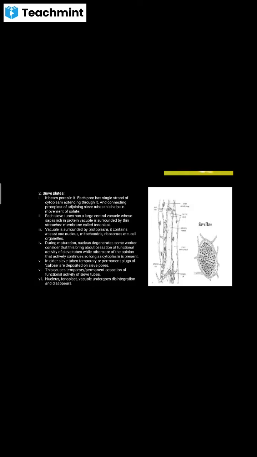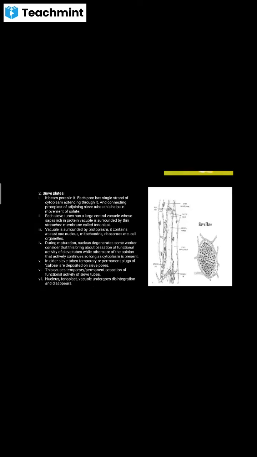As you know the structure of the vacuole, it is a single membrane structure, and that membrane is called the tonoplast. With this vacuole, the protoplasm or material contained in the sieve tubes will be translocated from one tube to another with the help of these pores.